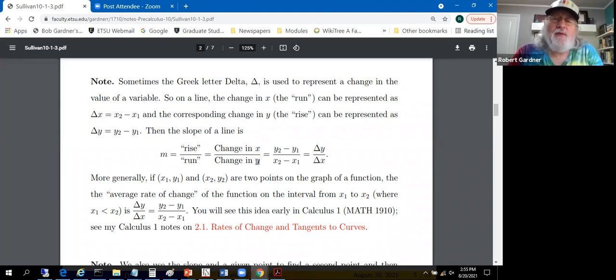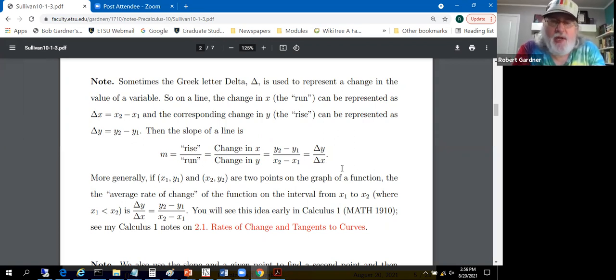It's a change in y divided by the change in x. These two should be interchanged. So I've got the numerator and denominator wrong. It's the y's over the x's, changes in delta y over delta x. So a typo there, I will correct that in the online notes. But it's a change in y over the change in x, delta y over delta x.